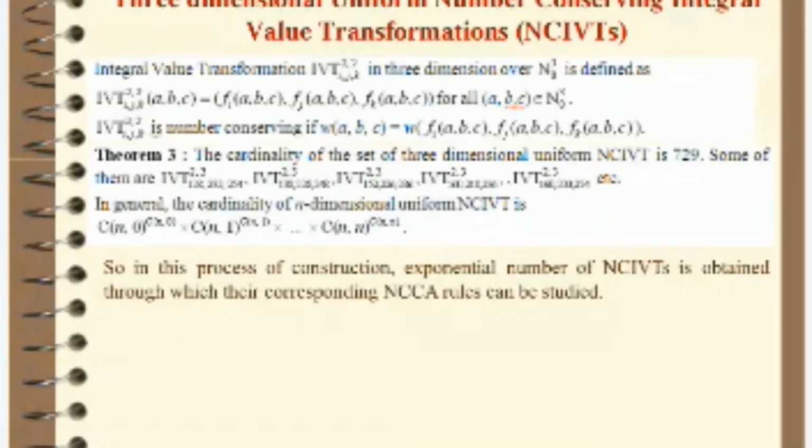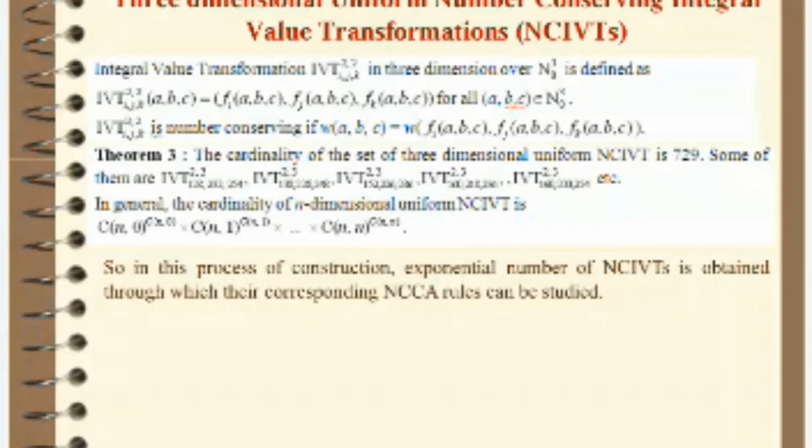Next, we have discussed three-dimensional uniform number conserving integral value transformation. So here we have got 729 3D NCIVTs, and some of them are given here.